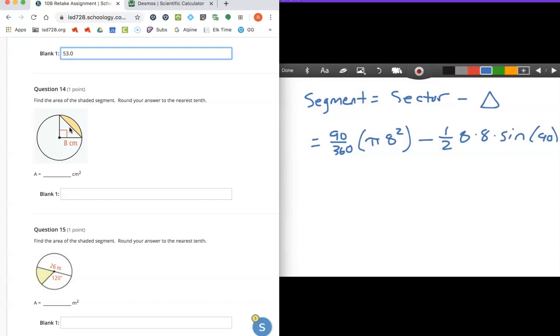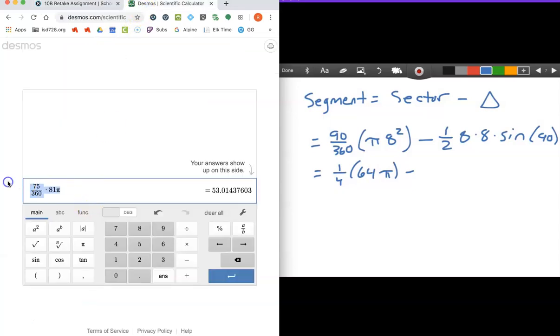Now we have 1/4, since 90 over 360 is 1/4, of 8 squared, so 64 pi, minus 1/2 times 8 times 8 times sine of 90. Well, sine of 90 is going to be 1, so it's not really doing anything.